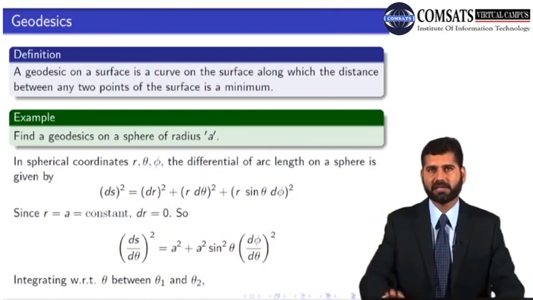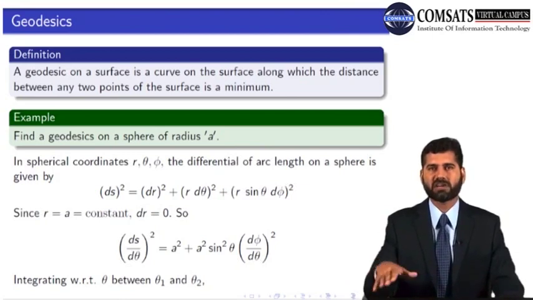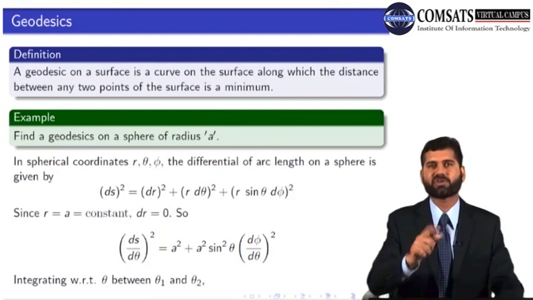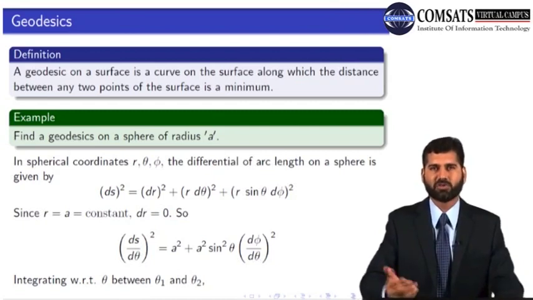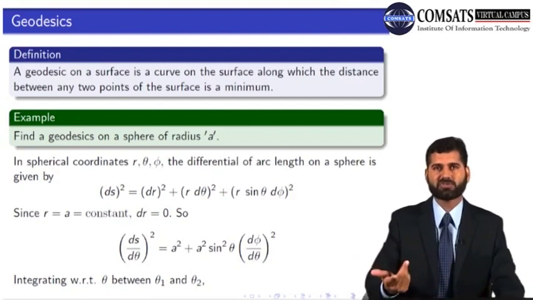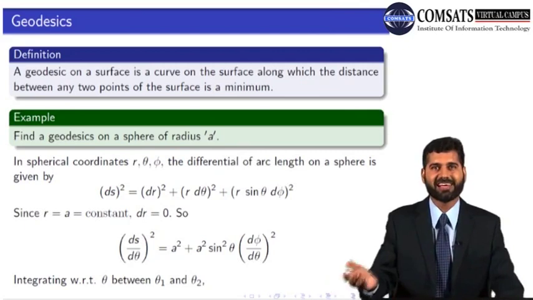So the first example in the calculus of variations in the last lecture was the shortest distance between 2 points on a plane. So if your surface is a plane, then your geodesic is a straight line. All right, so you basically have found the geodesic on a plane. But if it is not a plane, if it is a surface, then it may not be a straight line.